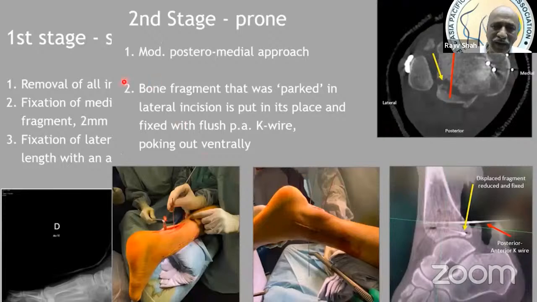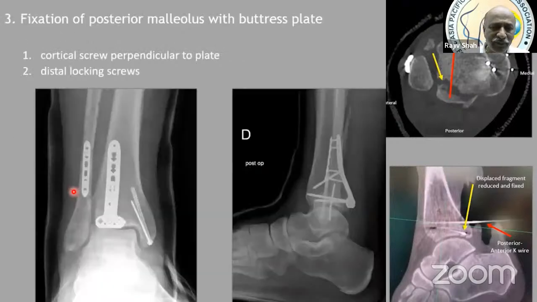And then in stage 2, through a modified posteromedial approach, the bone fragment that was parked in the lateral incision was pushed into the plate through this approach and fixed flush with a K-wire, as Professor Deshpande said, and this is how this K-wire was put. The displaced fragment was pushed back through the posteromedial approach, and the medial malleolus was also fixed.